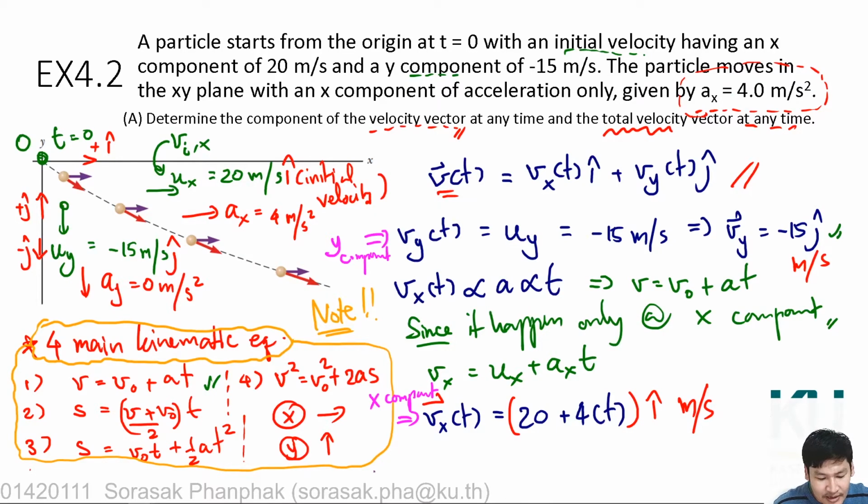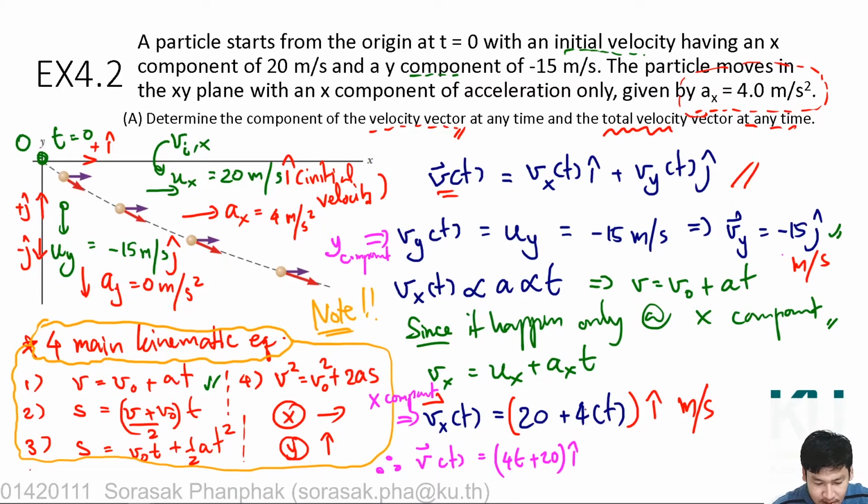So now you can sum it up. Your final Vt, the total velocity at any time point, has Vx as 4t plus 20 in the i direction, plus the Vy, which is minus 15.